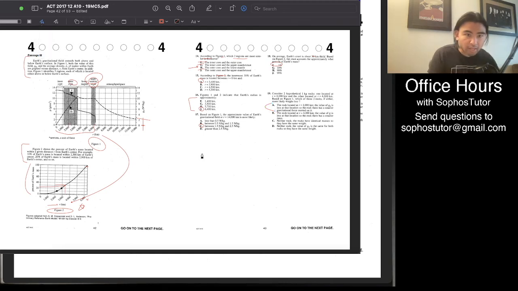So if we look at R equals 2000, and we draw a line up to GE, and then remembering that GE is described on the right side, sorry, I was too low. GE is approximately about 7.